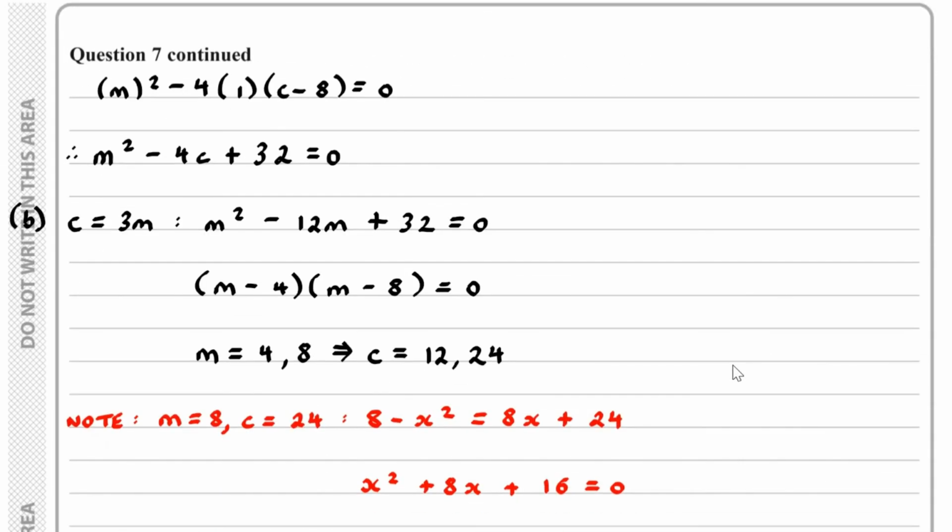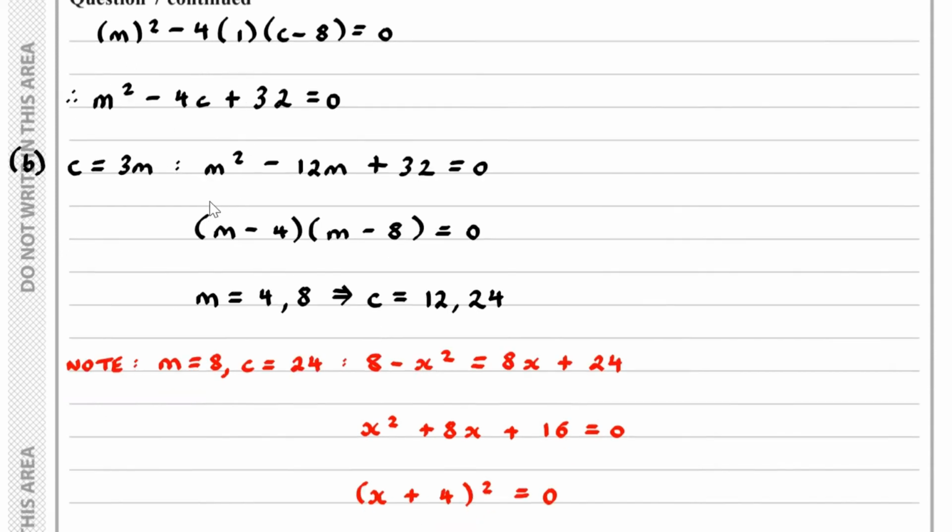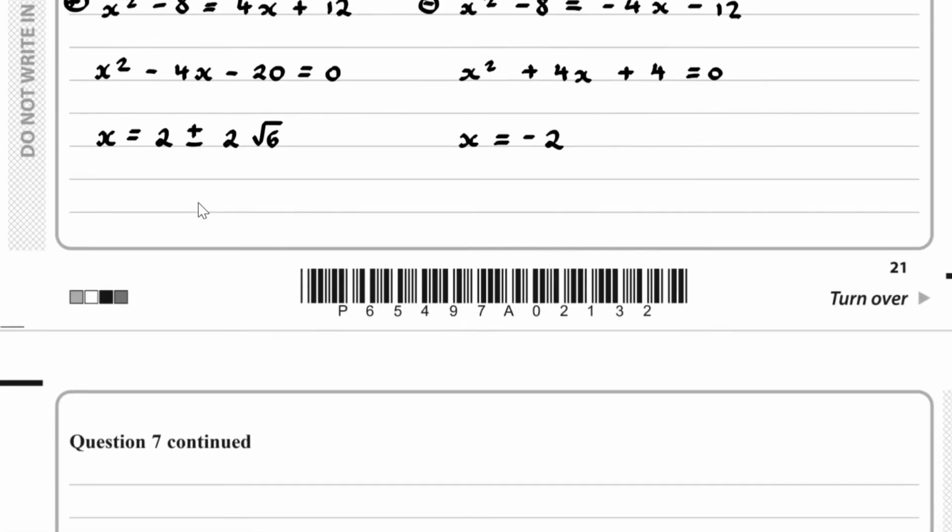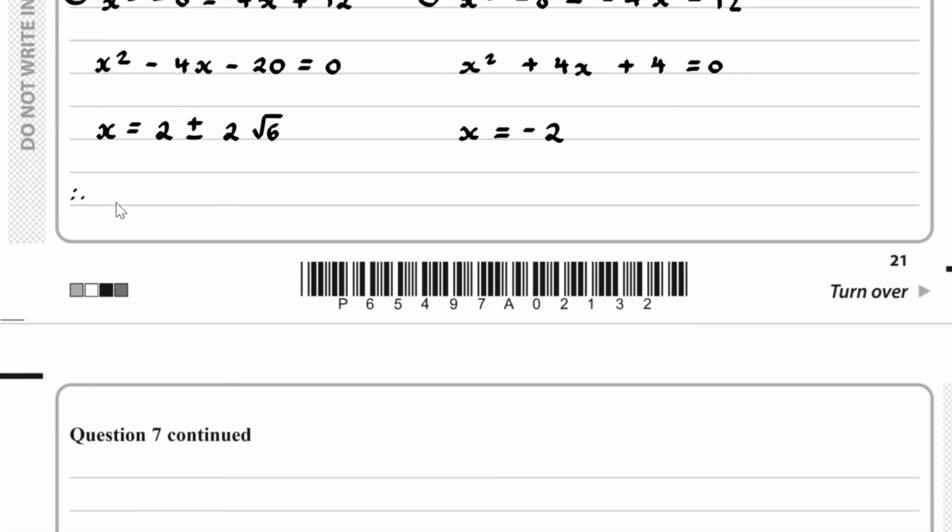So therefore, for my solutions of this inequality, I've got x being less than or equal to 2 minus 2 root 6, x being greater or equal to 2 plus 2 root 6, and x equaling minus 2.